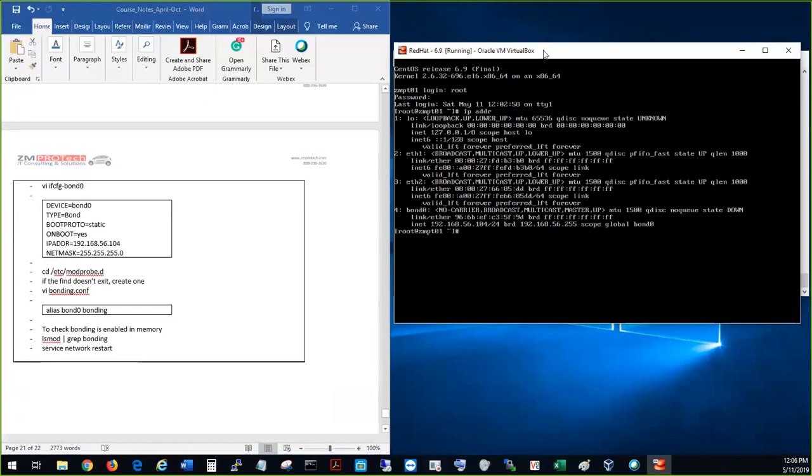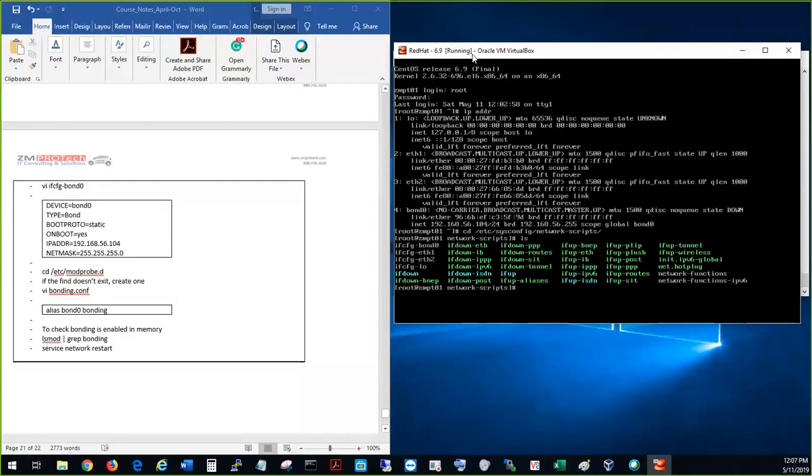So I'm going to go back the same way, into the folder, cd /etc/sysconfig/network-scripts. Okay, then I'll hit enter here, do ls, and then I'm going to edit ifcfg-bond0.